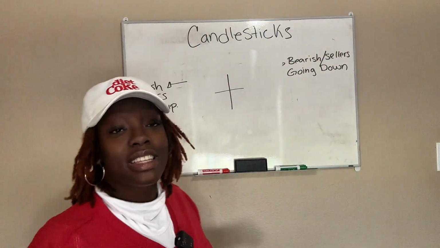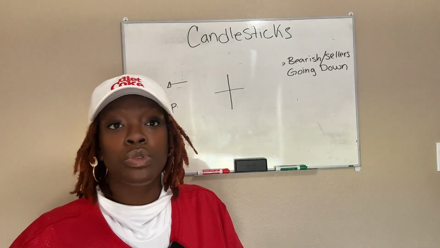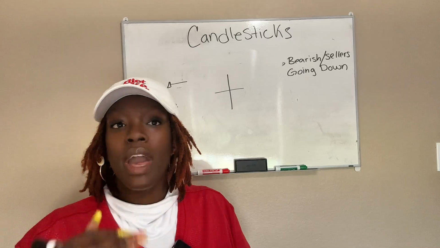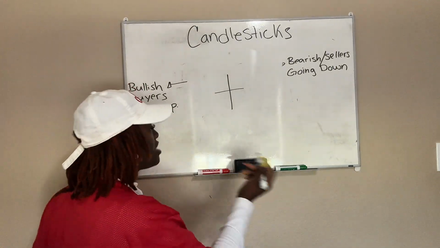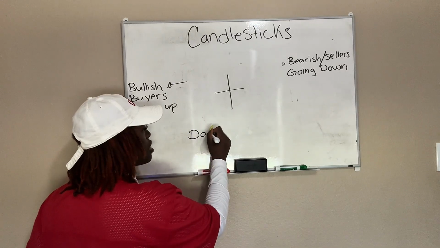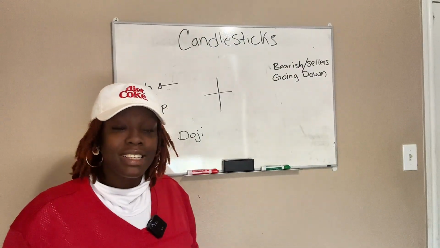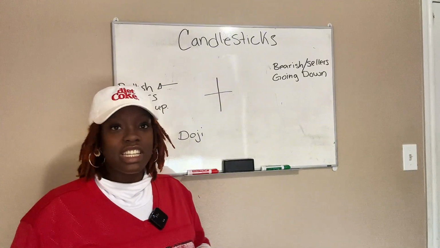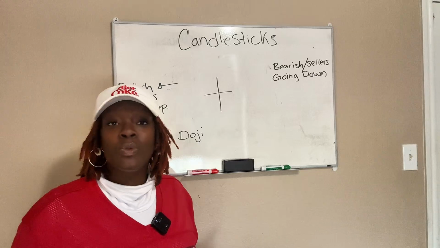Remember I said that the bodies basically show you who's winning, who has the strength right now. If you see something like this, which is called a doji, where there's no body, you can't see any red or green, you can't really tell who's winning.